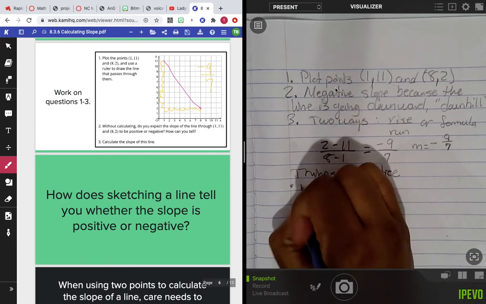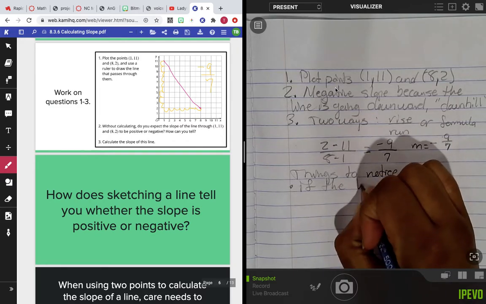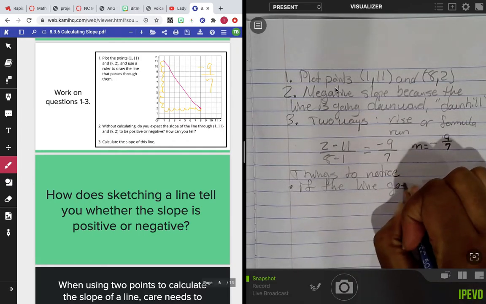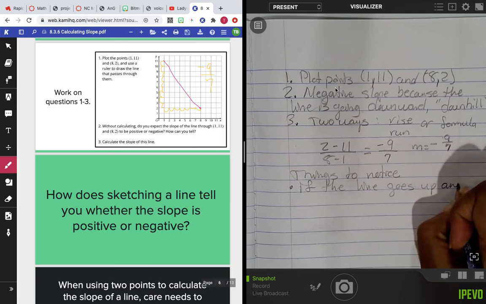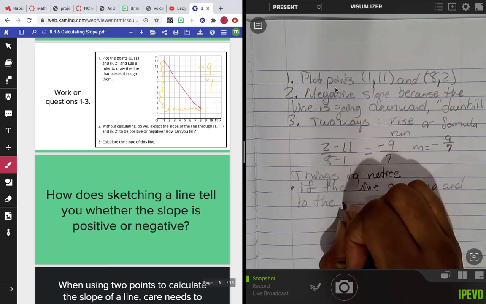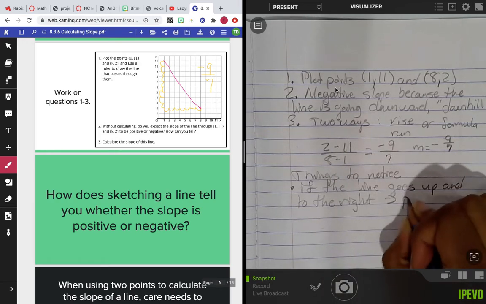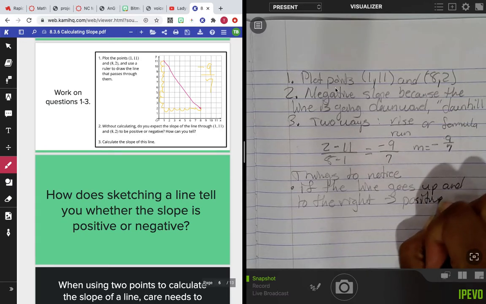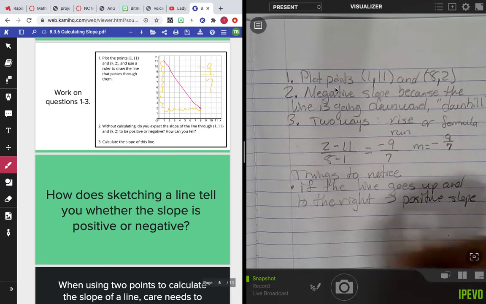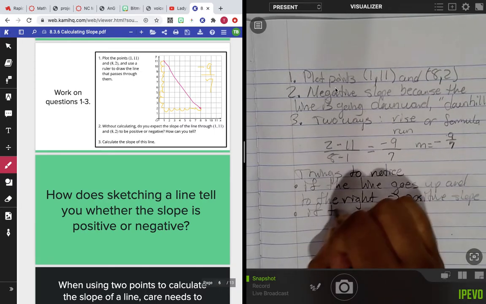So if the line goes up and to the right, that's a positive slope. If the line goes down and to the left, that is a negative slope.